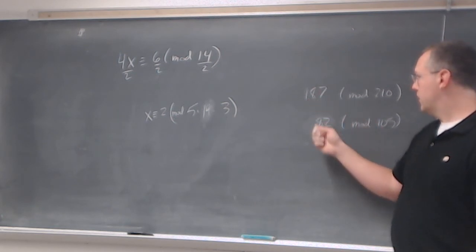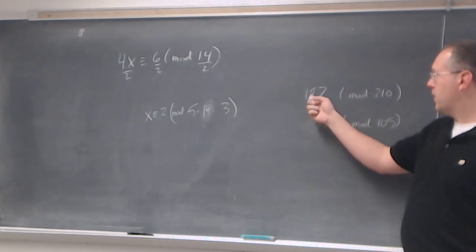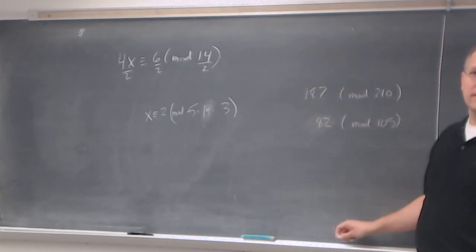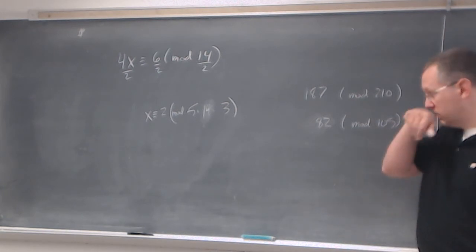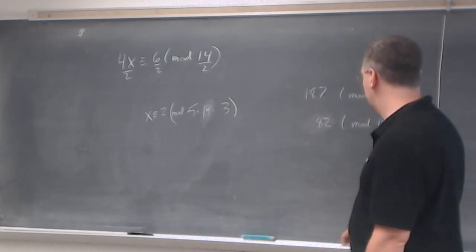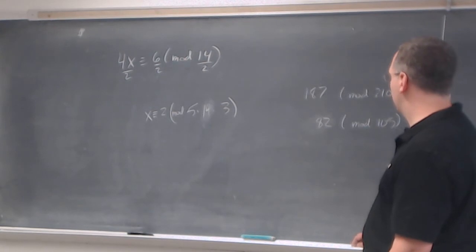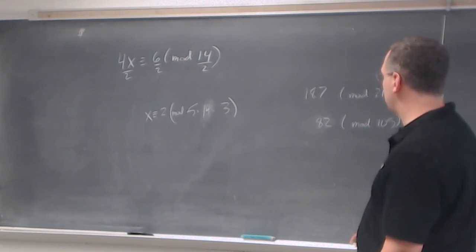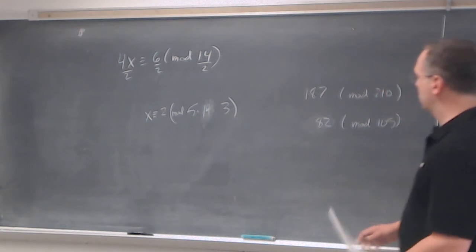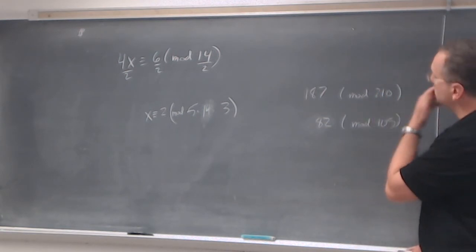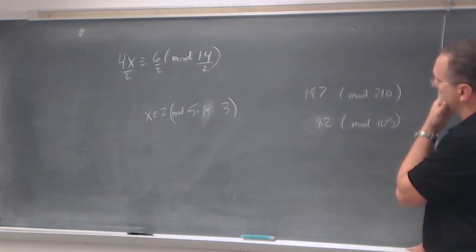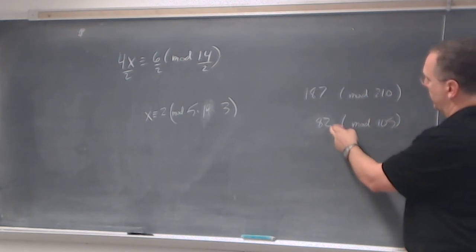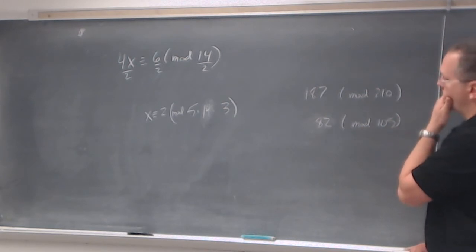You can't compare a number mod 210 to a number mod 105. So those sets aren't equivalent, correct? Because 82 mod 105 would contain all of the elements of 187 mod 210, and then it's more than that. That's what got me. But it would not be the same in reverse.